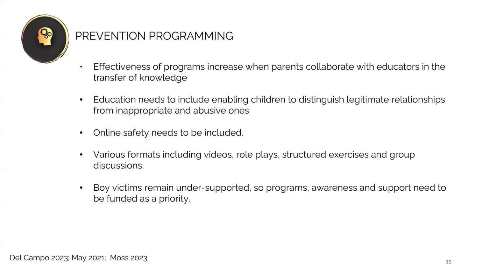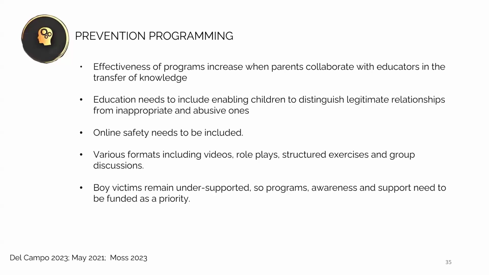Yeah, exactly. Education needs to enable children to distinguish legitimate relationships from inappropriate ones, because, as we said, a lot of children don't even know that they're involved in a sexually abusive relationship.